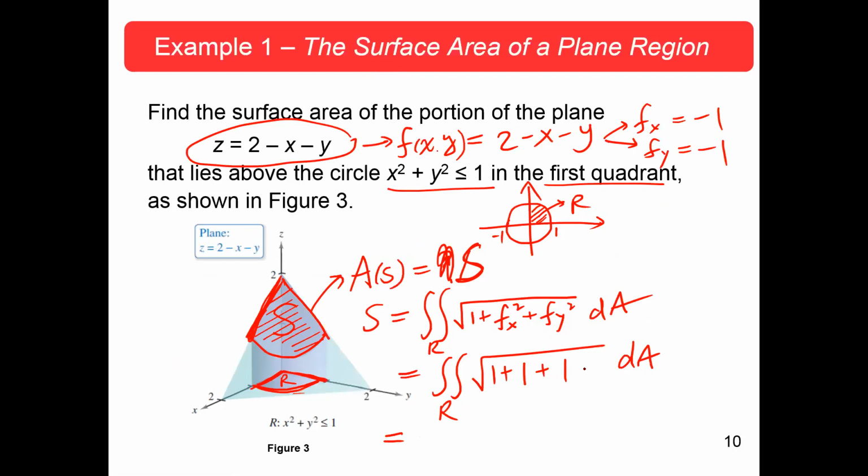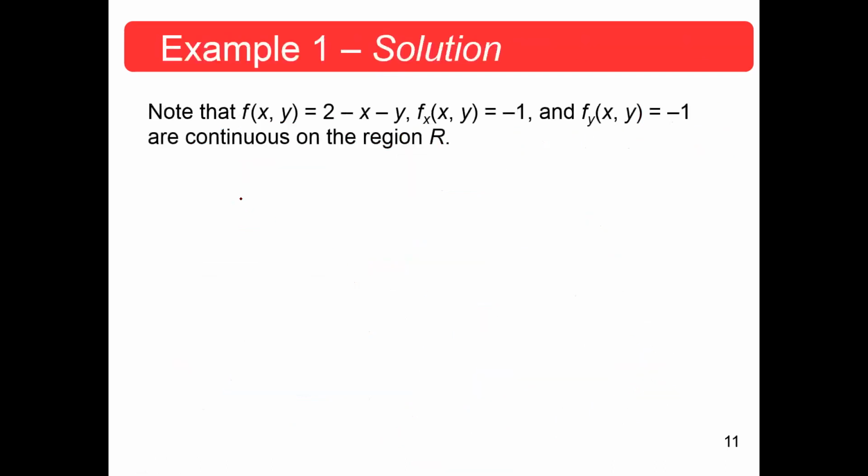In this question the integrand happens to be root of 3, so we can pull this root of 3 outside of the integral. So it's root of 3 times the double integral of dA over region R.